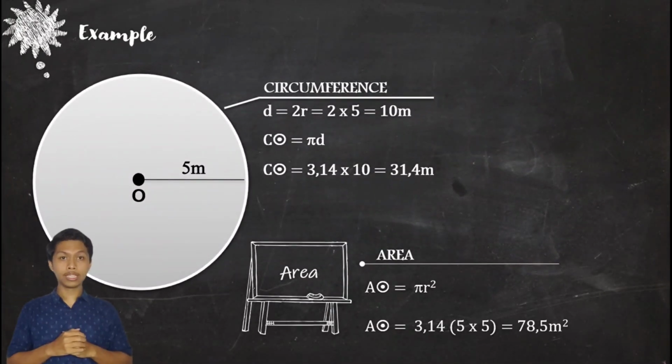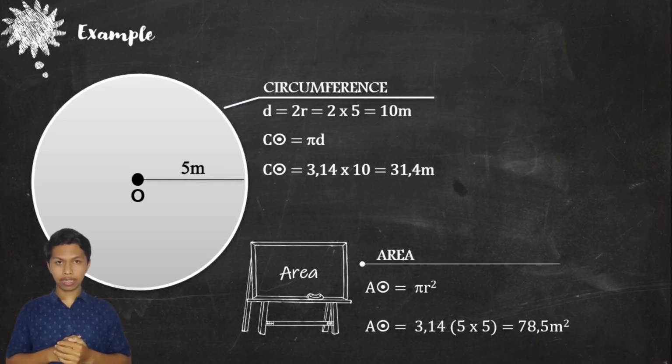To help you see how to use both formulas, let's find the circumference and area of this circle. The only thing we know about this circle is its radius. The radius is 5 meters. Fortunately, that's all we need to know.